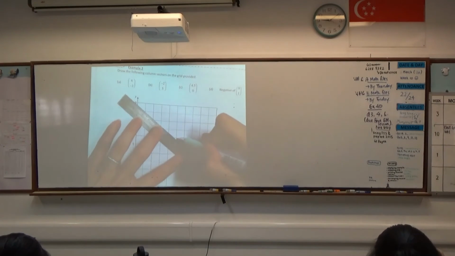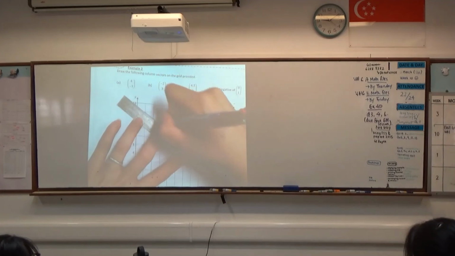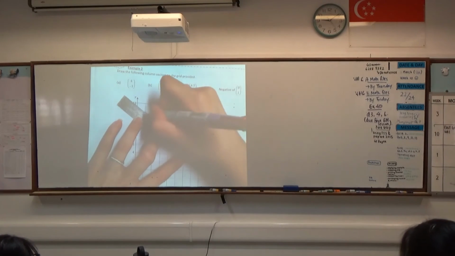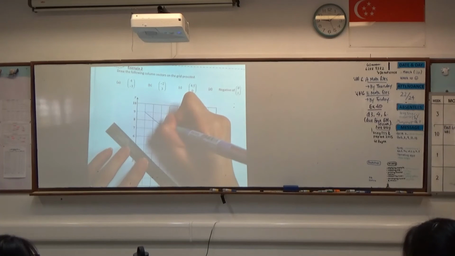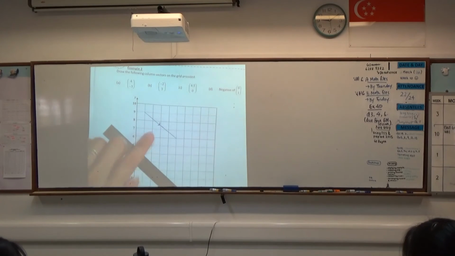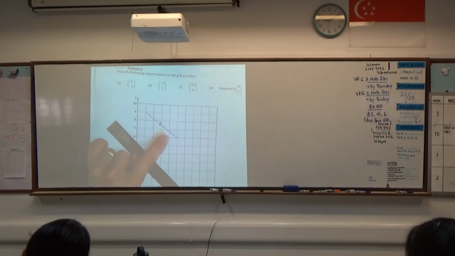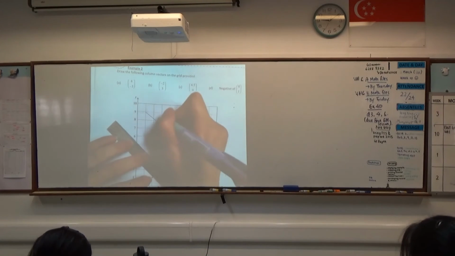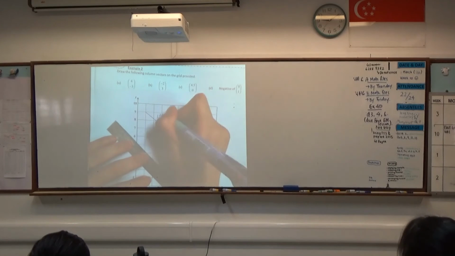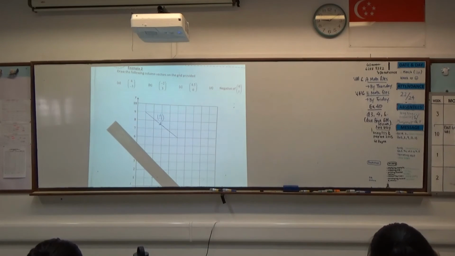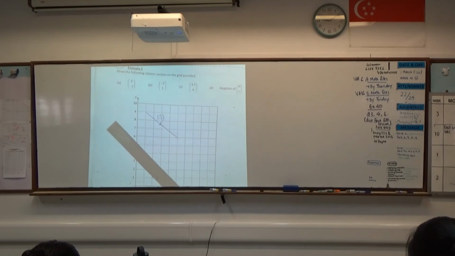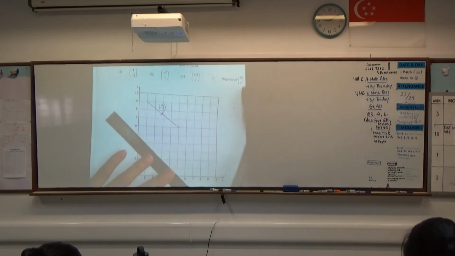Therefore my vector will be this. Direction of the arrow matters. Start point is here, end point is here, so it must be going down like that. So we label it 4, negative 3. In drawing, of course, we usually use a pencil. I'm just using a pencil that we can all see on the screen.